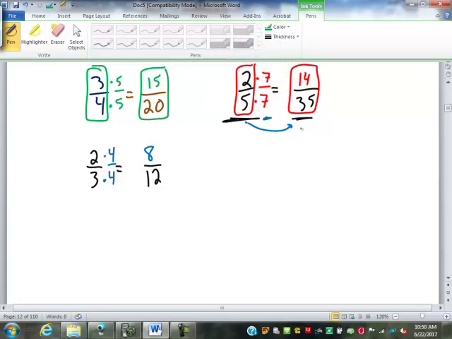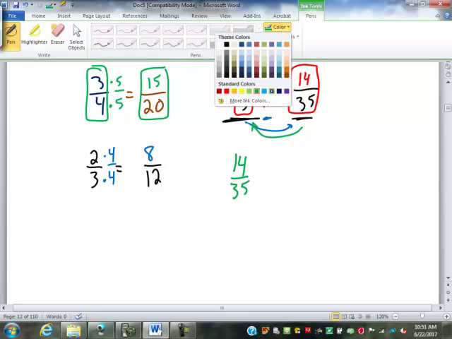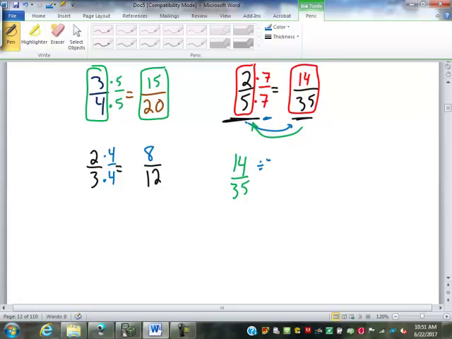If I want to go back the other direction, I simply reverse that process. 14/35, I can take it back to 2/5 by dividing by 7 on top and bottom. 14 divided by 7 is 2. 35 divided by 7 is 5. So I get back to 2/5. We already established up here that those two fractions have the same value.